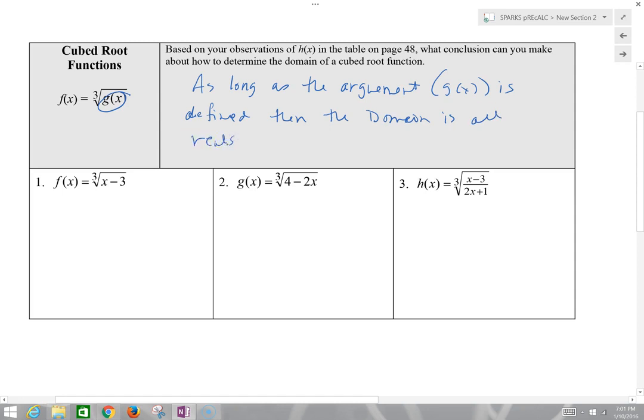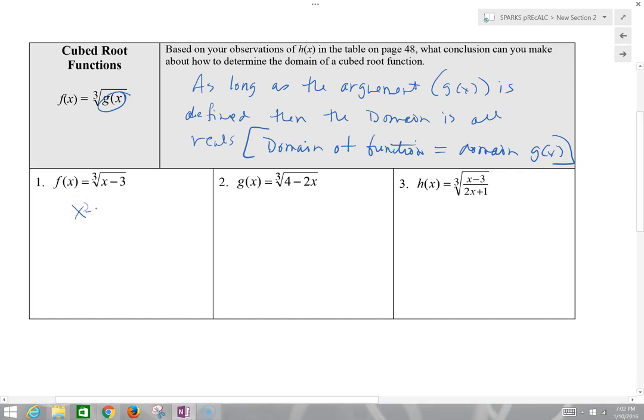So the domain of the cube root, I guess, would be the domain of g of x. That's how we should probably write that. Domain of the function is equal to domain of g of x. That's a better way to write it.